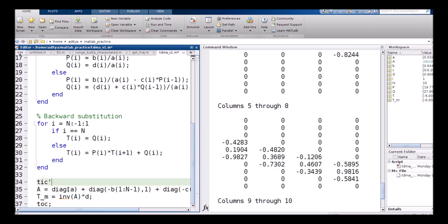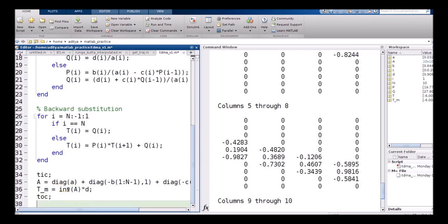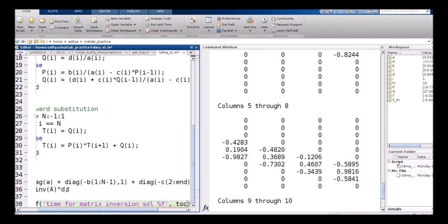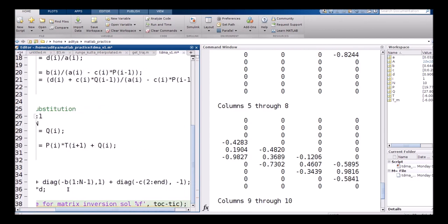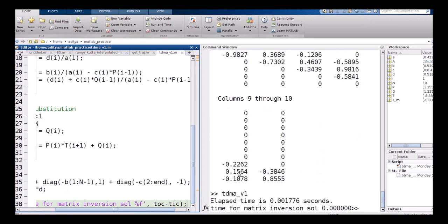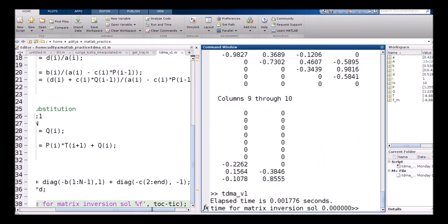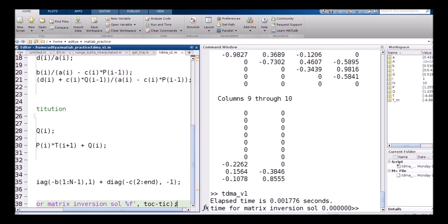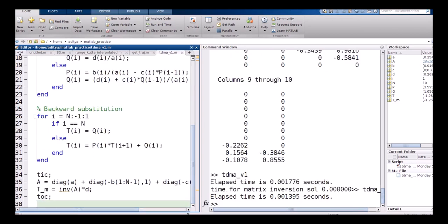So tick and tock are two functions. I don't need to reprint, because once you call tock, it automatically prints the time taken.